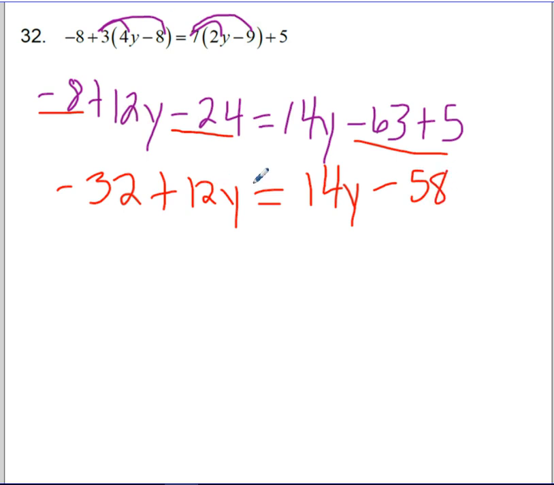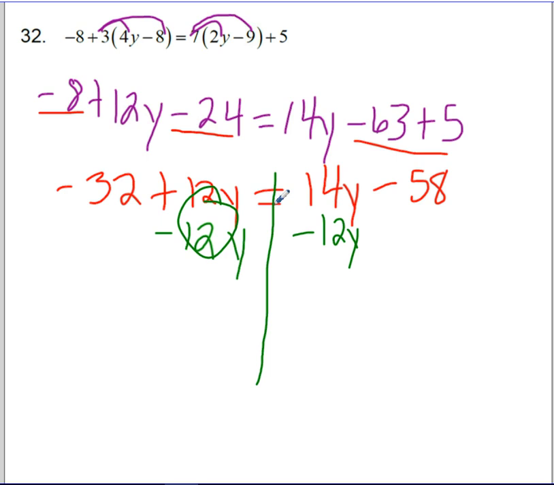Okay, so now we'll start moving things. We're going to zero out the y's on one side and the constants on the other. I like to move my smaller amount of y's to my larger. If not possible, I like to keep that positive. So we'll subtract 12y from both sides in order to get rid of all the y's on our left. That means the constant needs to go left, so the -58.